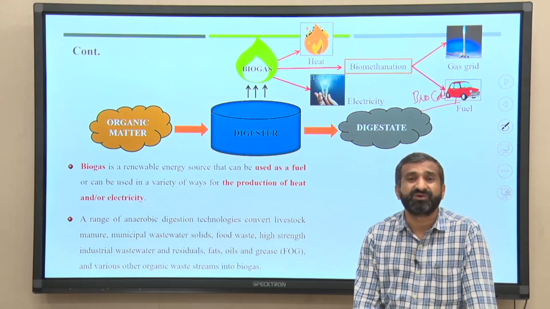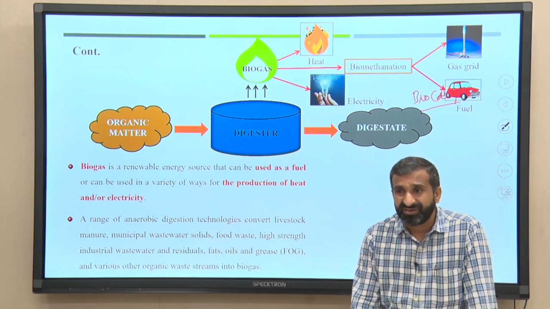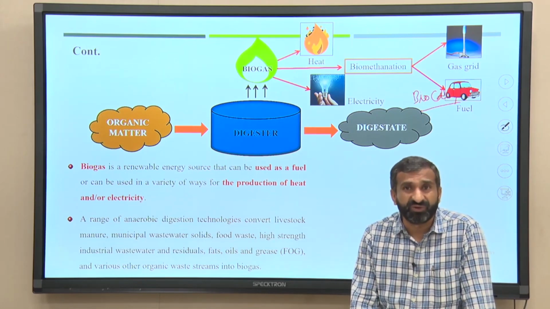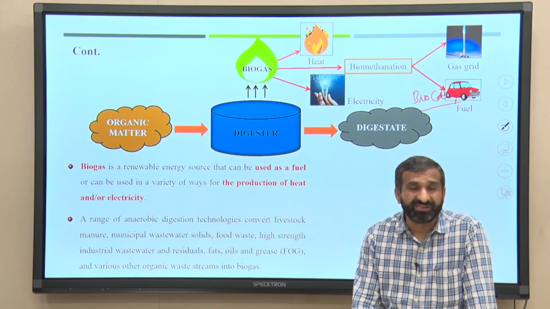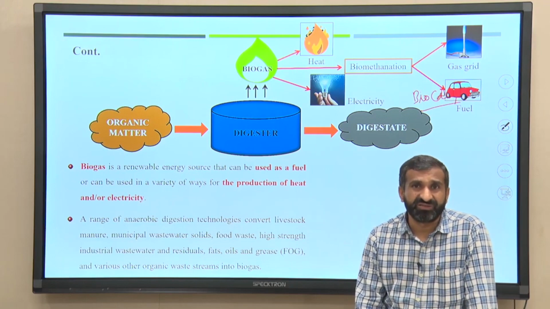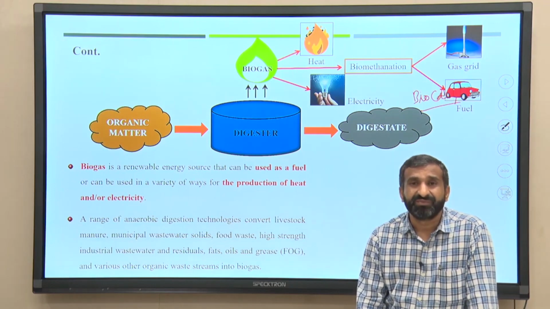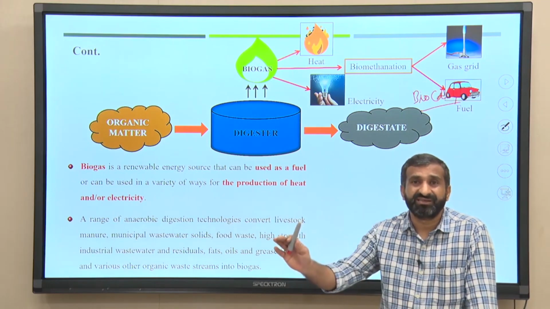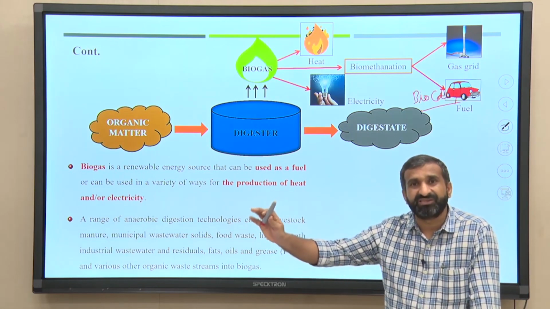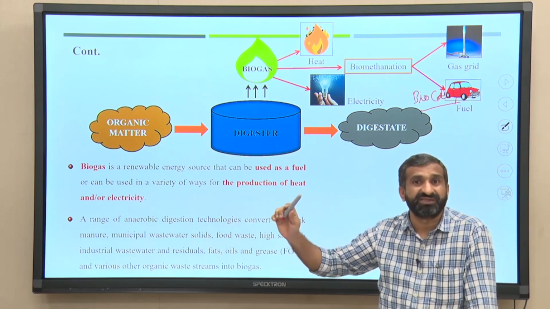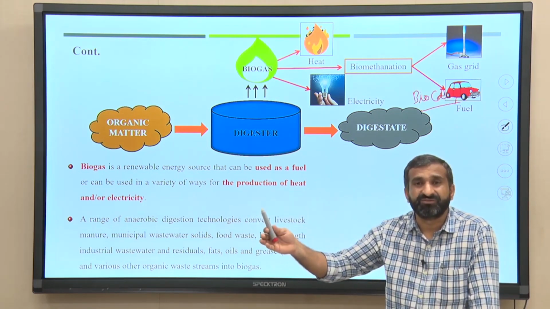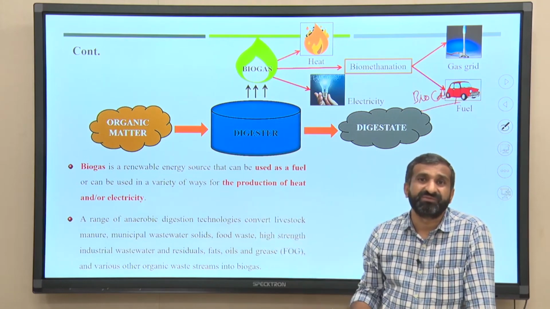Why is it so popular? Because sludge production is very low. Like I talked about in the composting process, where glucose degradation to compost or final sludge goes up to 30%, in anaerobic condition the sludge produced is only 5%.